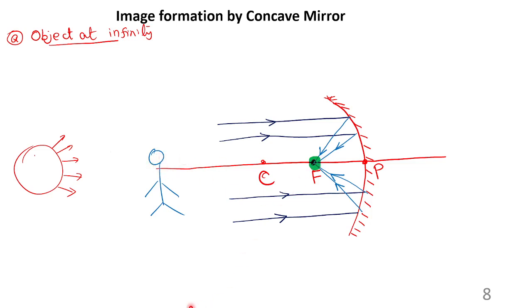So my conclusion is this: if the object is at infinity, its image will be at the focus. The image looks like a point at the focus. That is case 1.